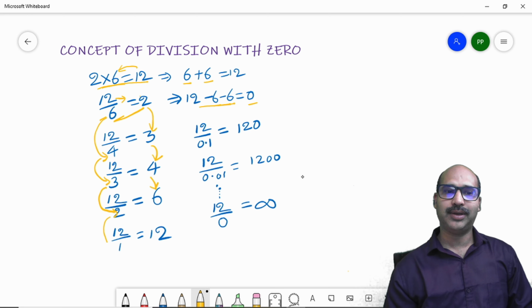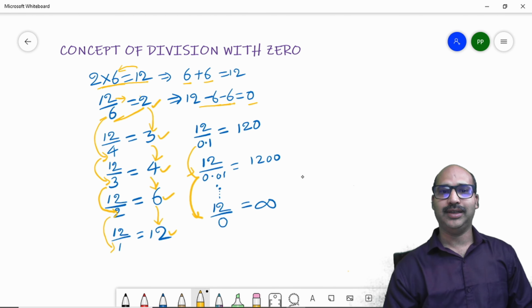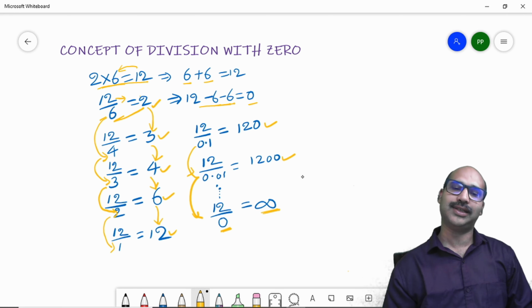Further, as the denominator keeps on decreasing, the results we get, 2, 3, 4, 6, 12, 120, 1200, keep increasing. So when the denominator is 0, the number is a very big number, which let us consider as of now to be infinite.